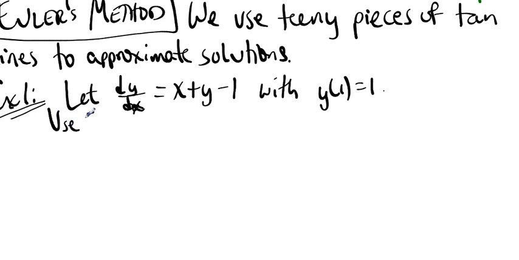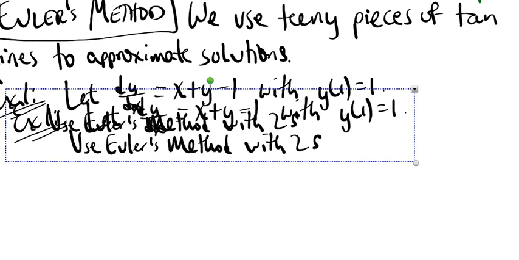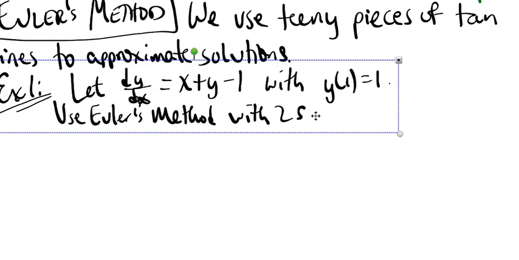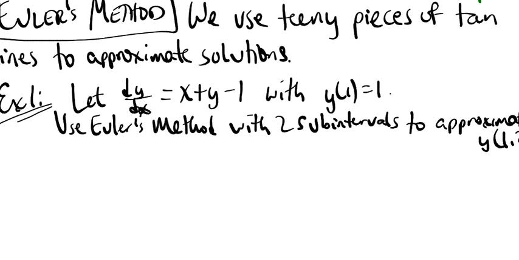I want to use Euler's method with two subintervals, sorry folks at home, to approximate the y value at 1.2.